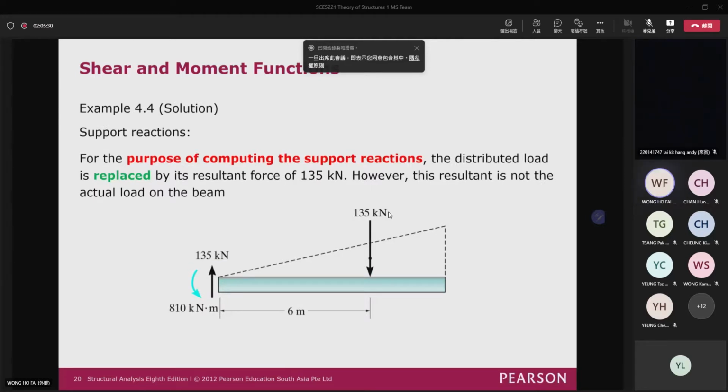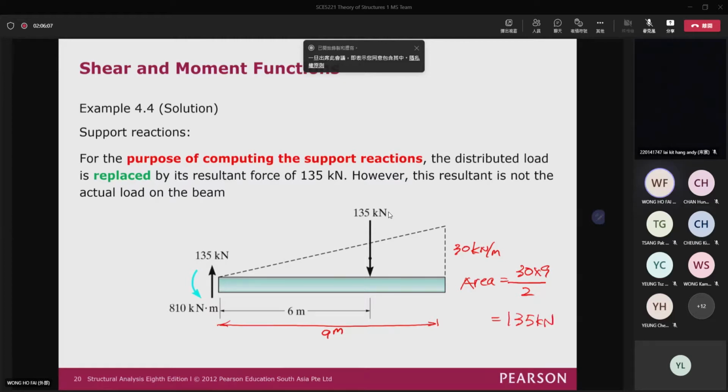Right here, you know that we have 30 kN per meter, and the total length of the beam is equal to 9 meters. So the resultant force of the load applied to the beam is the area of the triangle. The area of the triangle is equal to 30 times 9 divided by 2, which is equal to 135 kN.